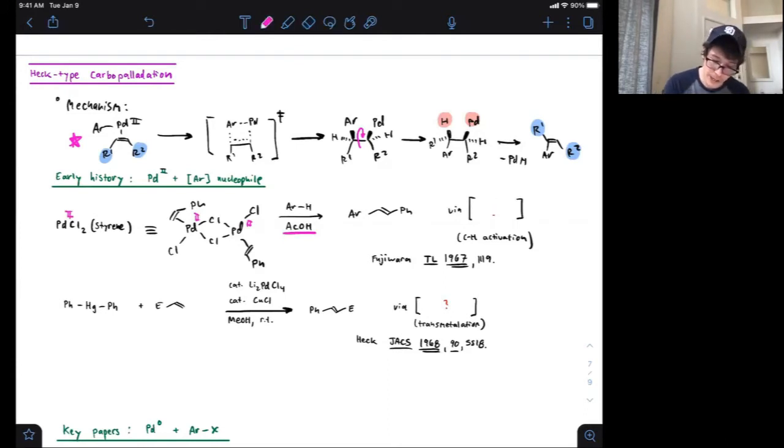That's how you generate the key aryl palladium intermediate, which then engages the alkene in this process that we defined above in terms of that mechanism.